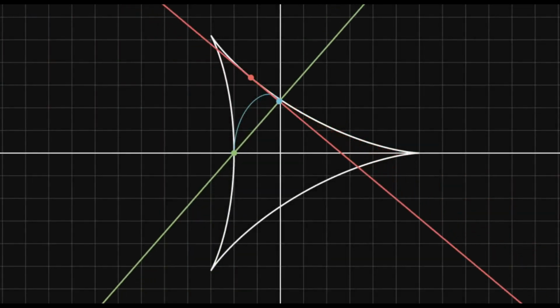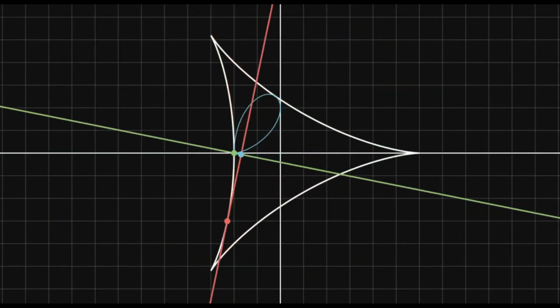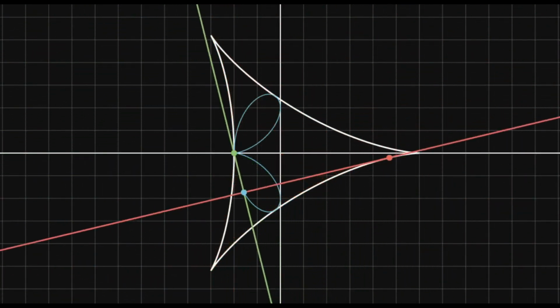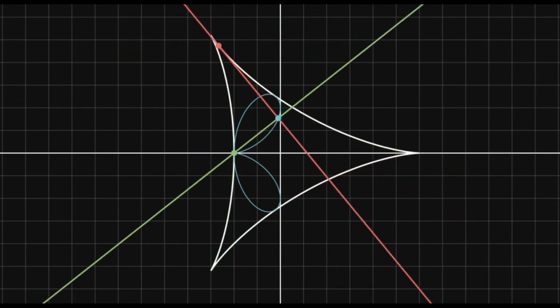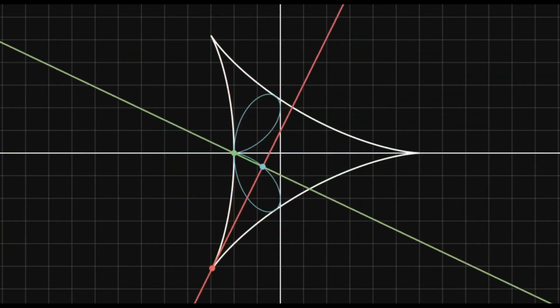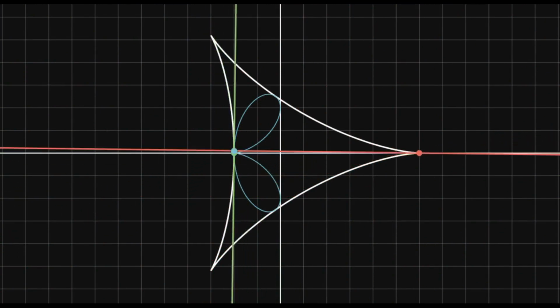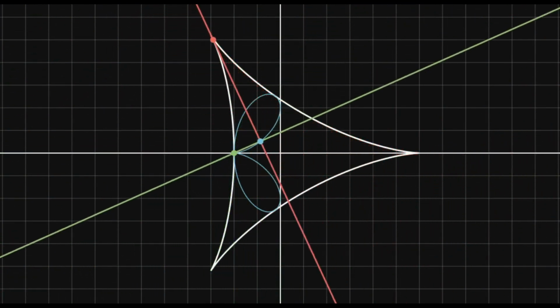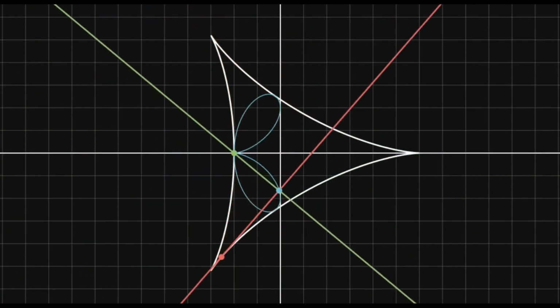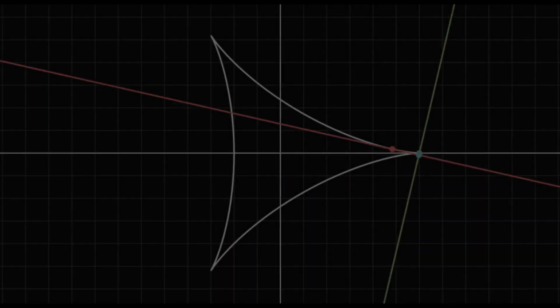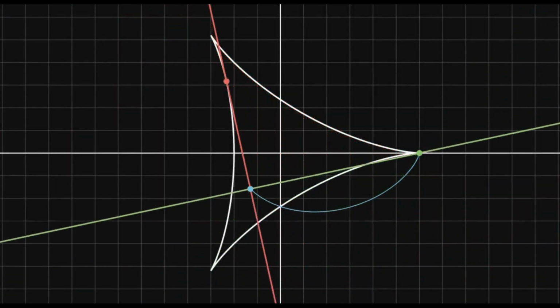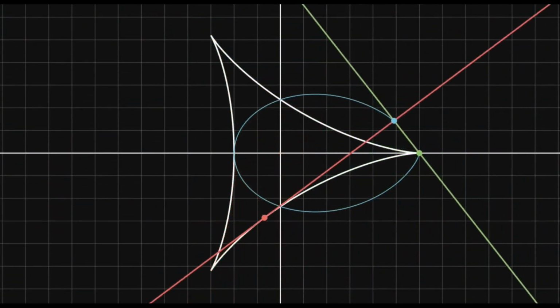If the pedal point is on the deltoid, we obtain this two-lobed curve called a bifolium. If the pedal point is on one of the cusps, we obtain a curve resembling a flower petal, called a folium.